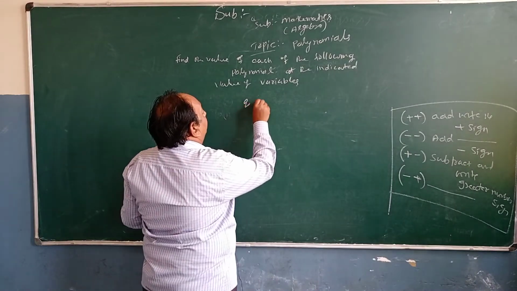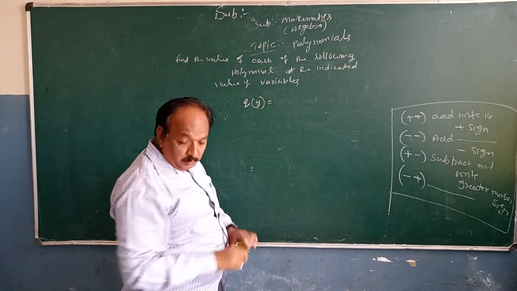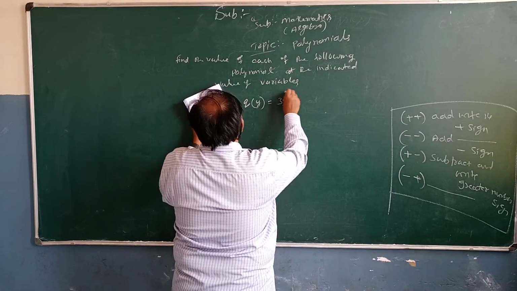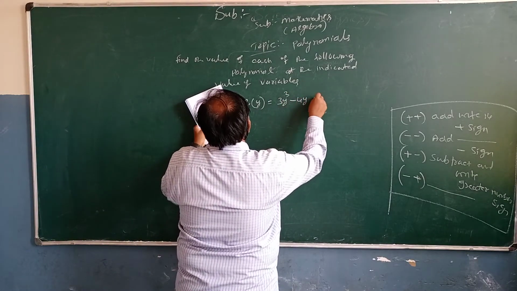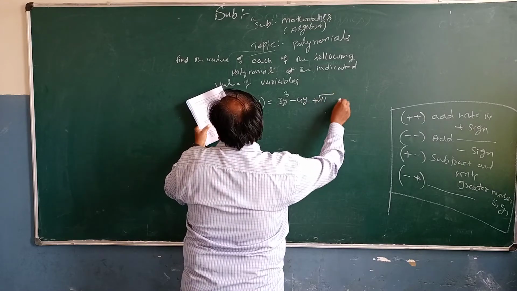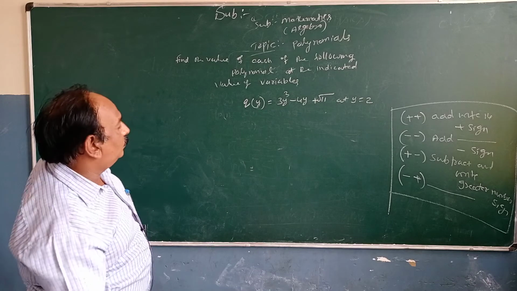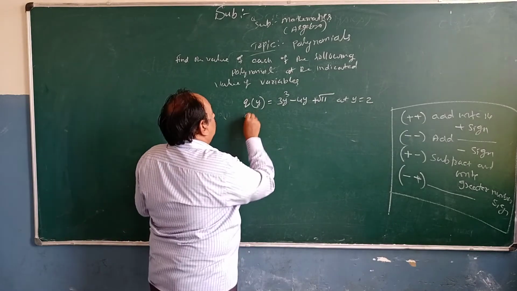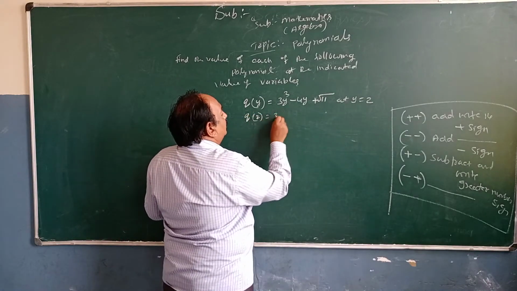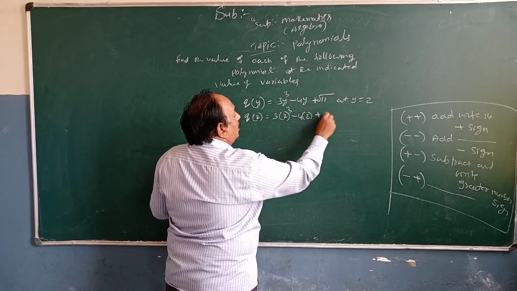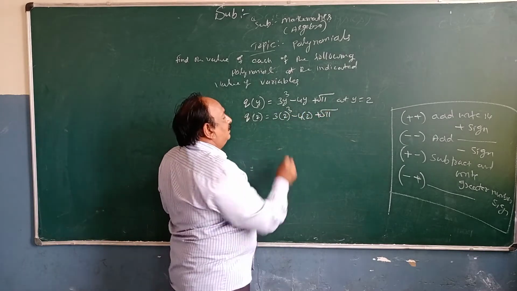Q of y is equal to 3y cube minus 4y plus root 11 at y is equal to 2. Q of 2 is 3 into 2 cube minus 4 into 2 plus root 11.